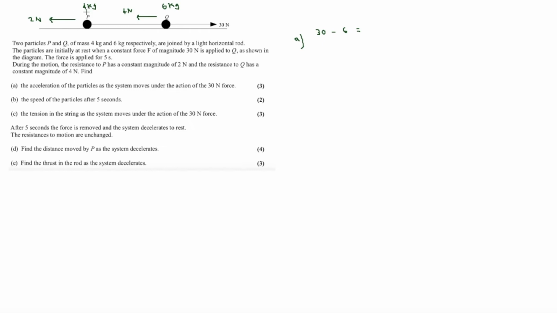So the mass is going to be both the masses added together, so 4 plus 6, 10. So that's going to be 10A. Therefore 10A is equal to 24. A is therefore going to be 2.4 meters per second squared.